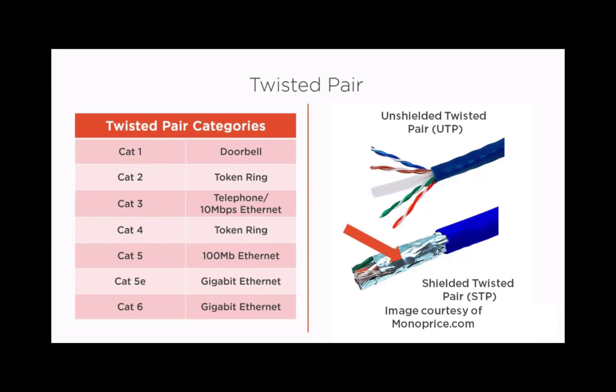Twisted pair cables are also of 2 types. One is called unshielded twisted pair and the other is called shielded twisted pair. What is the difference between these two twisted pair cables?